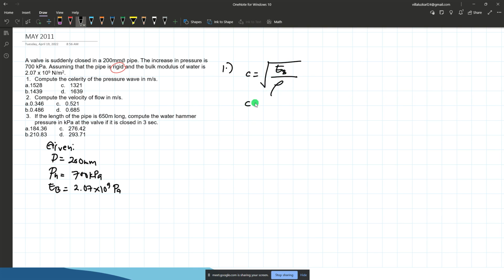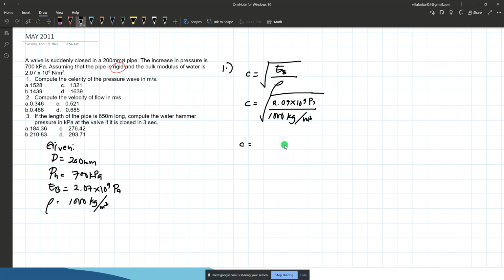So the square root of EB, or the bulk modulus of elasticity of water, which is given here, is 2.07 times 10 raised to 9 Pascal divided by rho. Rho for water, if it is not given, our standard is 1000 kilograms per cubic meter.